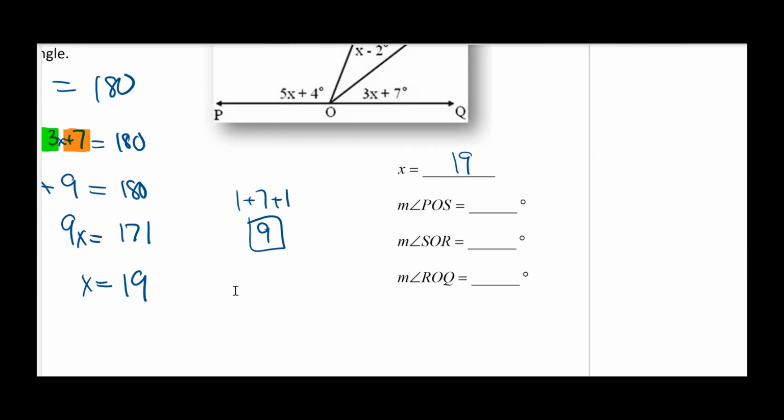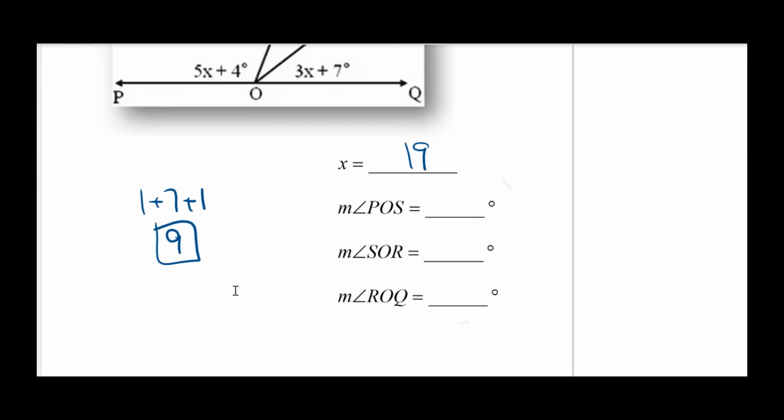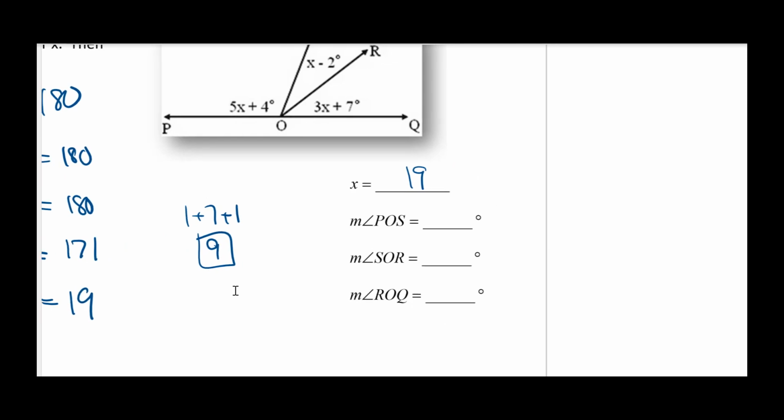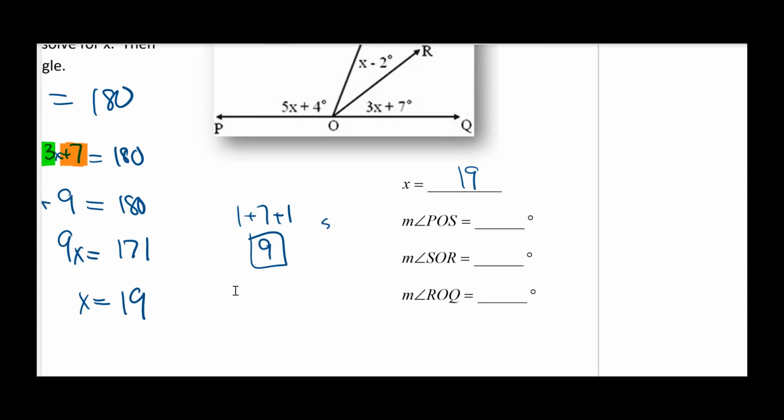Now, one at a time, I've got to make sure that I plug in these correctly, take my time and find that. So angle POS, I'm going to have 5 times 19 and then plus 4. For angle SOR, I'm going to take 19, because that's the value of x, minus 2.